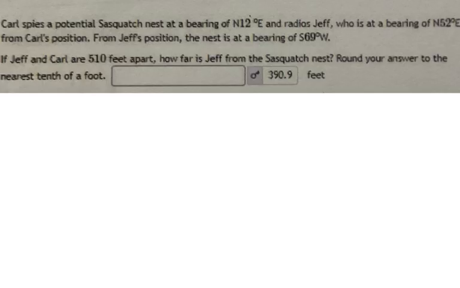Carl spies a potential, so that's just so we know, it's not necessarily the Sasquatch nest, but could be. Bearing 12 degrees east of north. Okay, let's draw this. Here's Carl. He's right here. Here's his orientation, 12 degrees east of north.